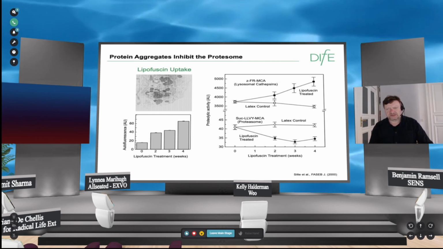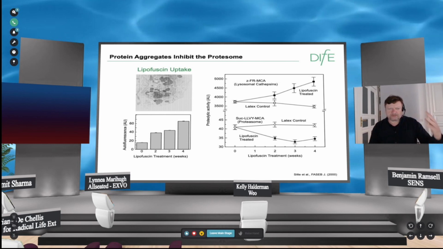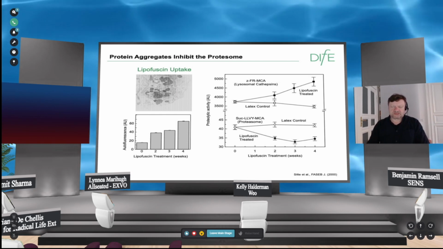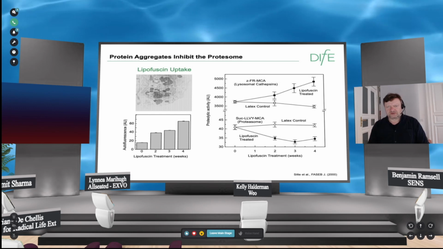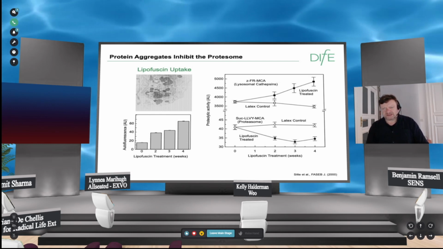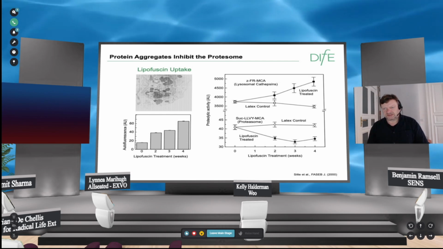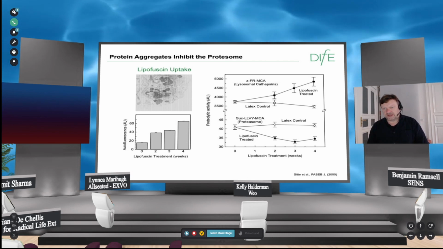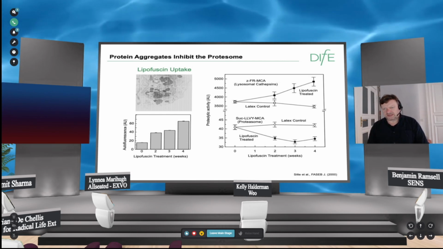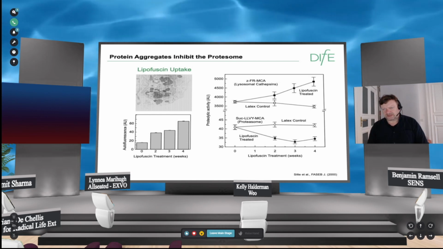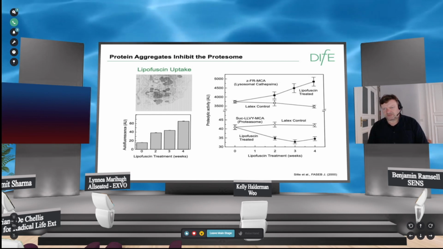It's a slow process, so it's not like signal transduction, which is in minutes and seconds. Here we talk about hours, days, or in this case, weeks. What you can see in the other graph, especially the lower graph, is that the lipofuscin-treated fibroblasts lose activity in the proteasome.